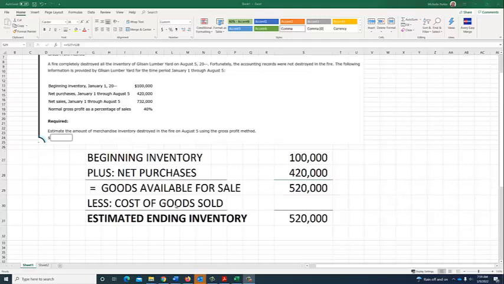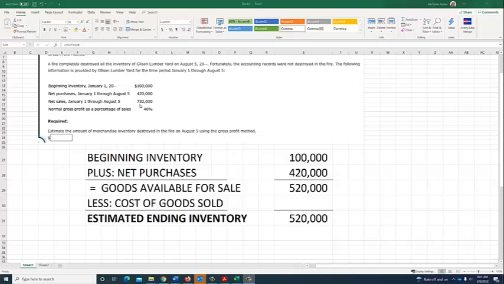For the next line, we're not given cost of goods sold, but we can get to it pretty easily with a short calculation. So they've given us net sales, and they're telling us that 40% of those sales is our profit. Remember though, we're not looking for profit, we're looking for the cost of goods sold. So if of this number 40% is profit, the other 60% has got to be our cost.